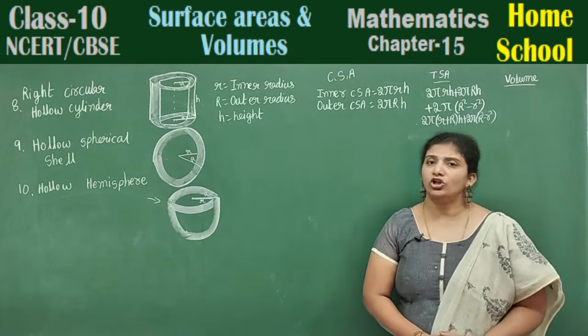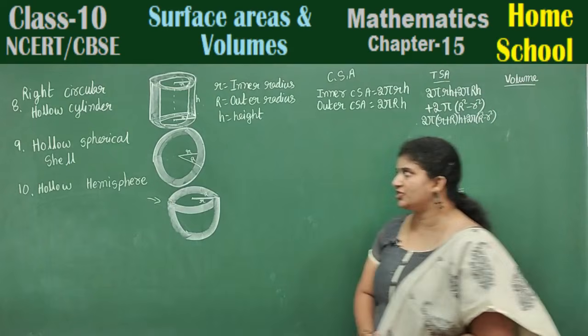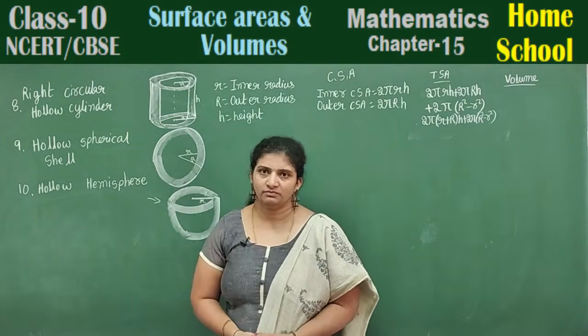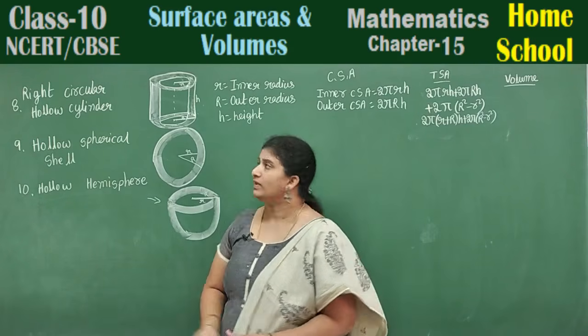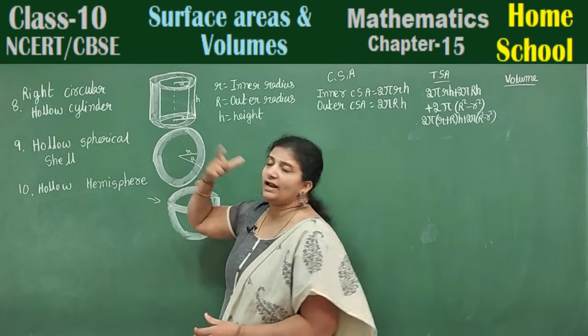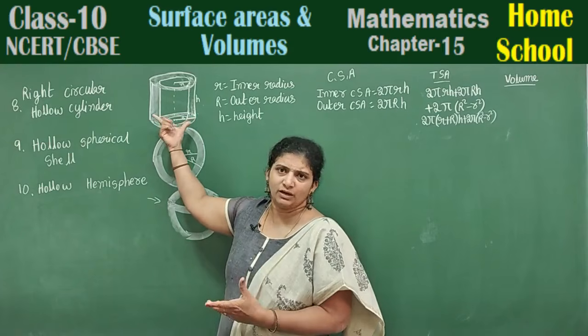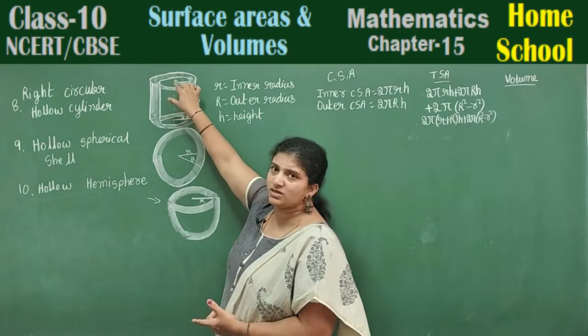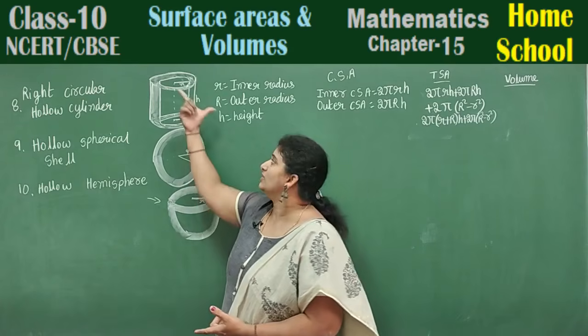Coming to volume. What is the volume of this right circular hollow cylinder? How do we get it, children? Understand carefully here. There is no bottom here. So how do we calculate the volume? The volume of a cylinder is pi r square h, and the inside cylinder volume uses small r, pi r square h.